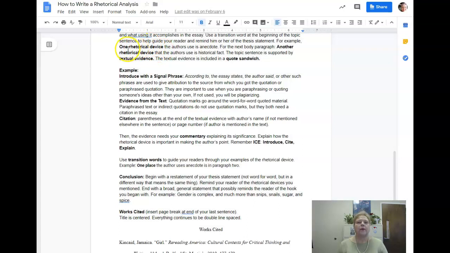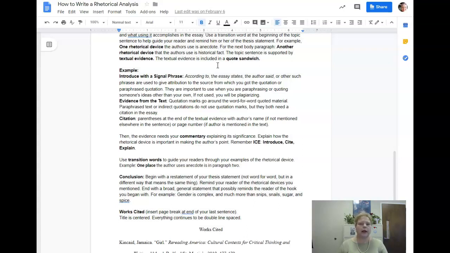All right, so anytime that you put this information in here, you need to let your reader know this is not your analysis, this is not your commentary, this is not your words. These are ideas that you got from the text itself. And so you need to make what some people call a quote sandwich. In other words, the top layer of bread in the quote sandwich needs to be introductory.